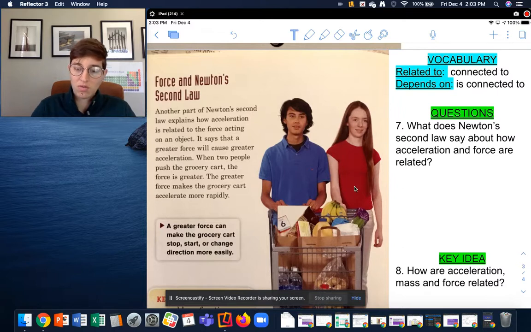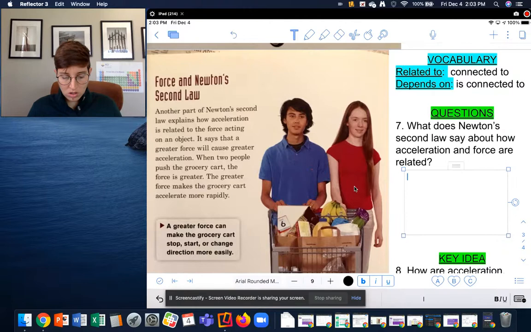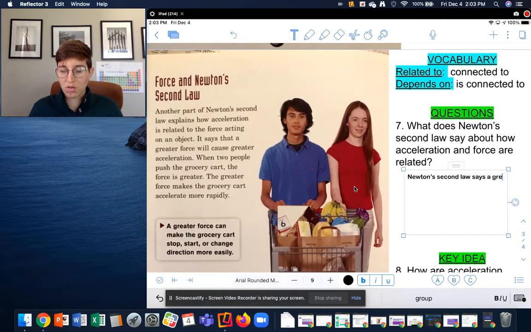Okay, a greater force. Newton's second law says a greater force will cause greater acceleration.